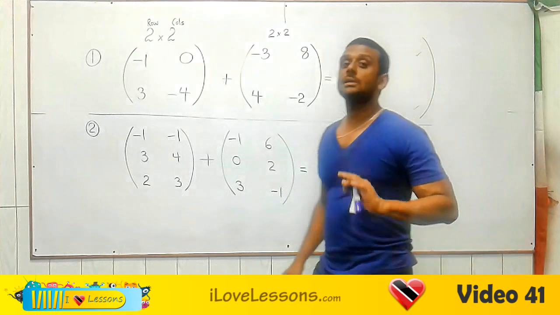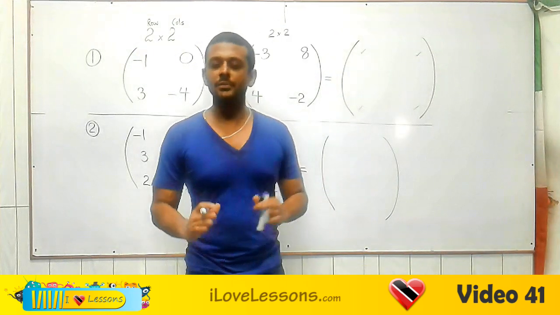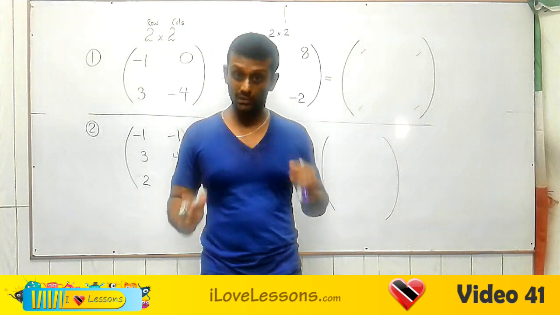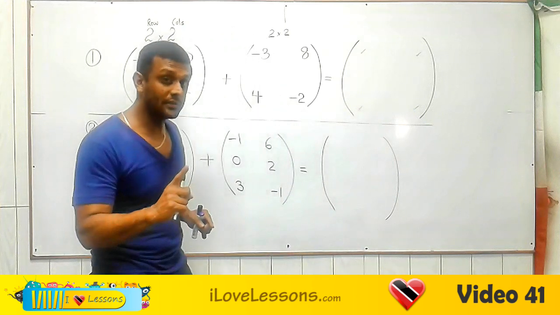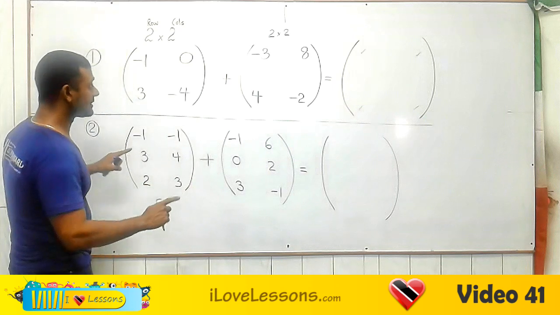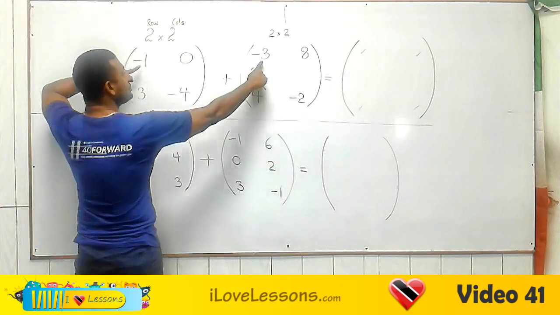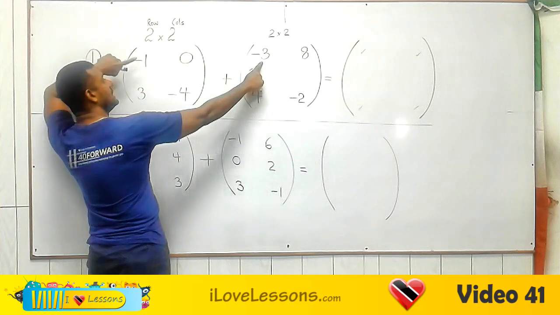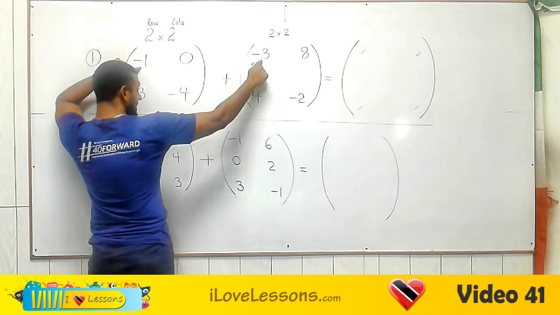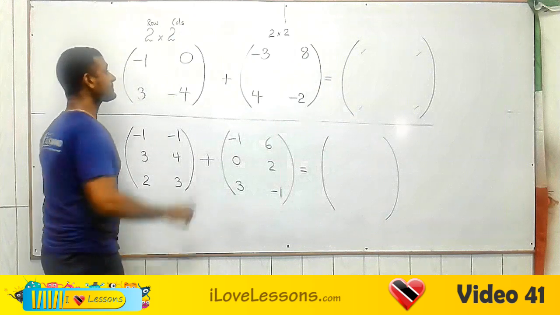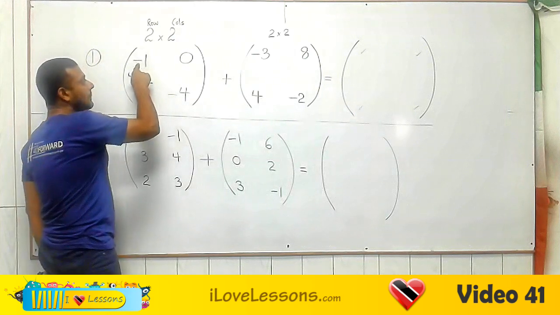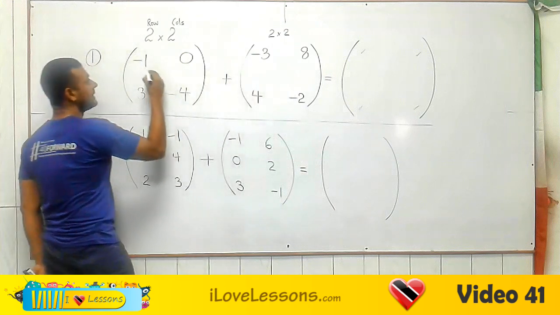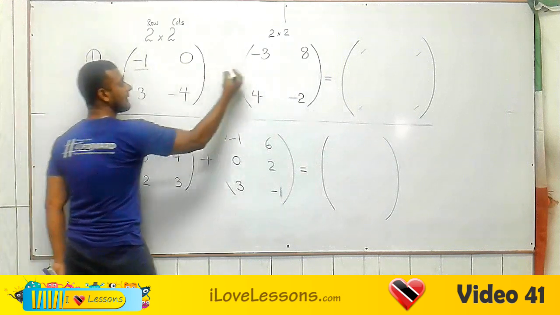So I'm going to show you how to add these 2 matrices. Believe me, it's going to be one of the simplest things you ever do in maths. All you have to do is look at the 2 matrices and add the 2 items in the same position. Do you see that the -1 and the -3 are in the same position? So you're going to add -1 and -3. I'll just underline it here and underline it here.